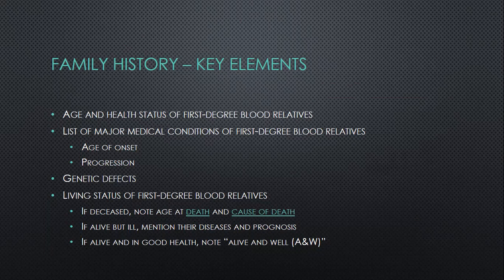If the relative is alive but ill, we have to mention their diseases and prognosis. And if the relative is alive and in good health, we have to note alive and well. Okay, and you have how you could abbreviate that information, A and W, right? Alive and well.